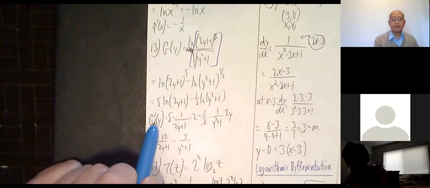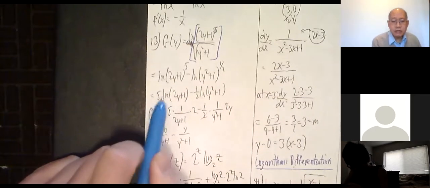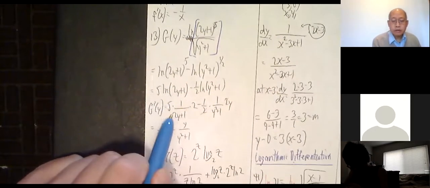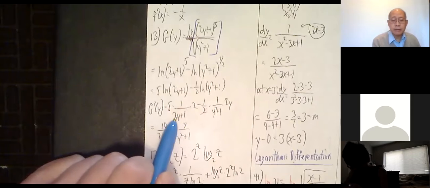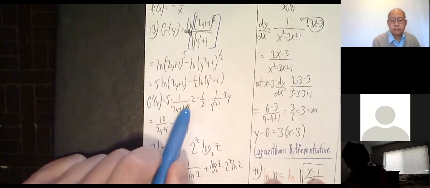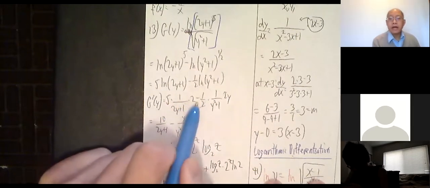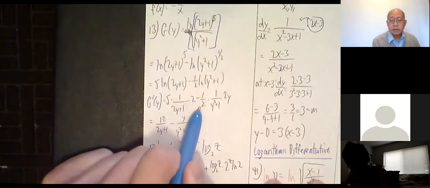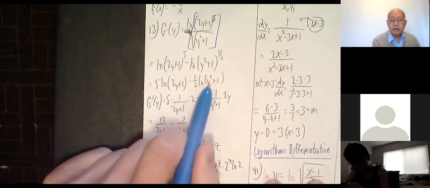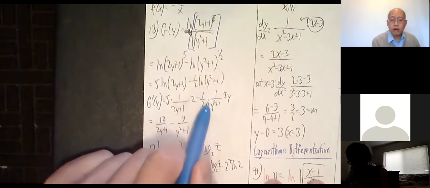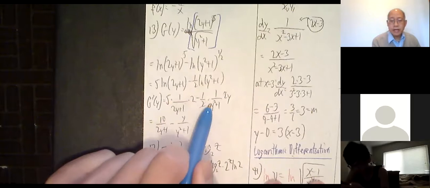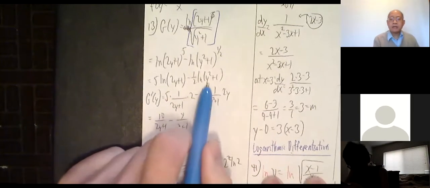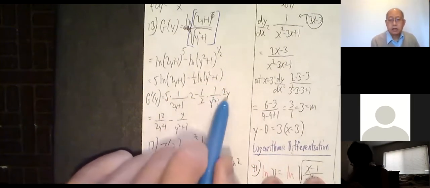So now g prime of y is 5 times 1 over 2y plus 1, and then by the chain rule times the derivative of 2y plus 1, which is 2. And likewise, minus a half times the derivative of ln of y squared plus 1, which is 1 over y squared plus 1, and again by the chain rule times the derivative of the inside, which is 2y.